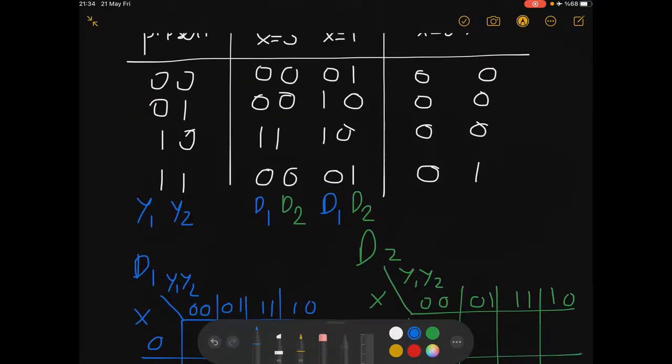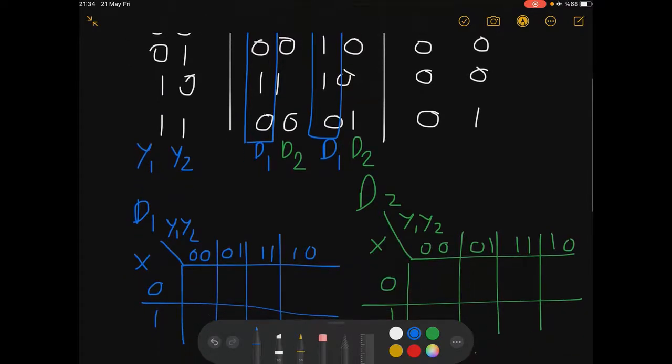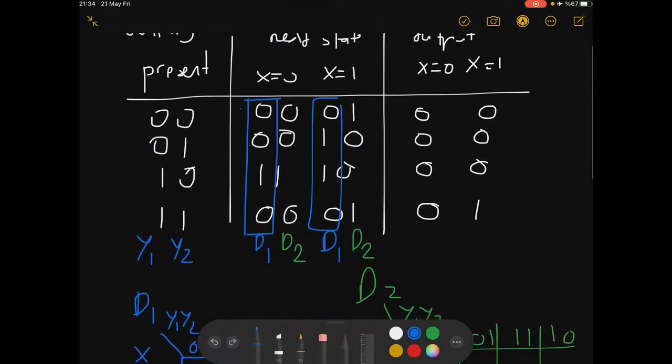for D1 I will focus on this one, right? I will focus on these columns, but be careful when transferring here for x equals 0. It will be 0, 0, 1, 0, but be careful about this skip here, because it's not gray coded. So I will write it like this, 0, 0, 1, 0.